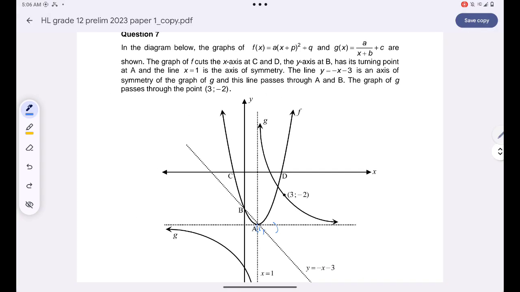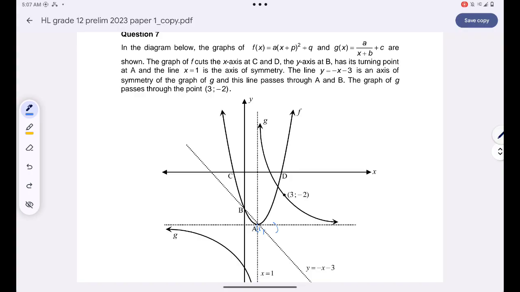Okay, and then the statement continues, right? The line y = -x - 3 is an axis of symmetry of the graph of g(x), and this line passes through points A and B. Remember that, guys, A is the local minimum of our quadratic function, and B is the y-intercept of our quadratic function.